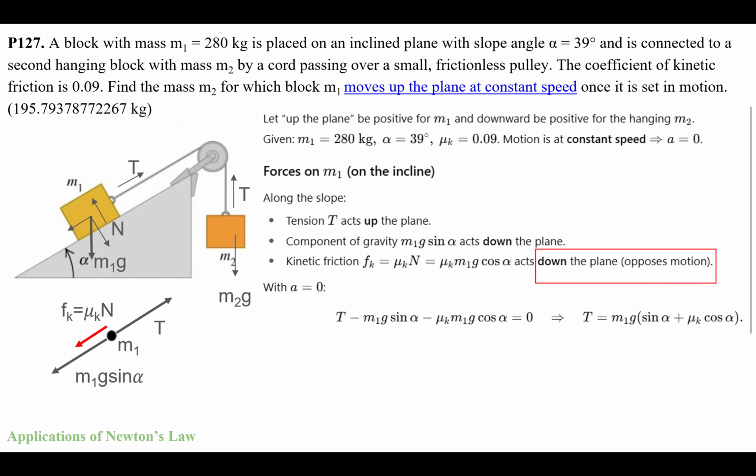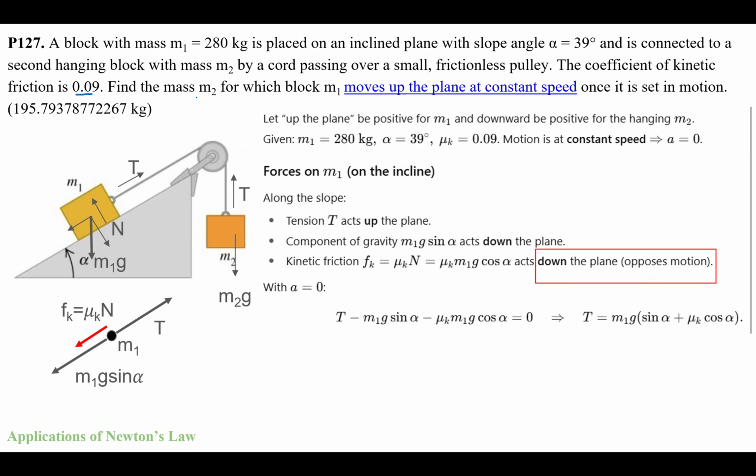And now let's think about another problem. A block with a mass M1 is placed on an inclined plane with the slope angle alpha given by this one, and is connected to a second hanging block, M2, by a cord passing over a small frictionless pulley. The coefficient of kinetic friction is this value.